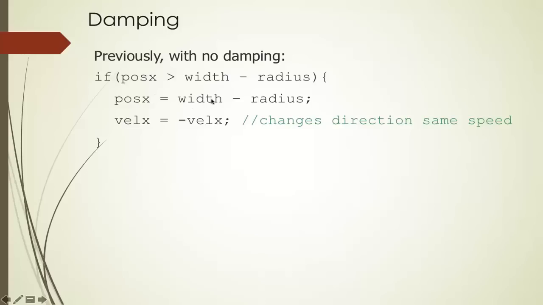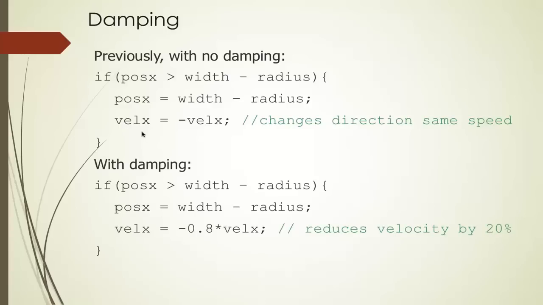By the way, width in Processing is the default width of the screen once I create the size of the screen. Once I realign it, then I can change direction by negating the velocity. So this is no damping, meaning that when I bounce, I simply change direction, and it's the same speed.